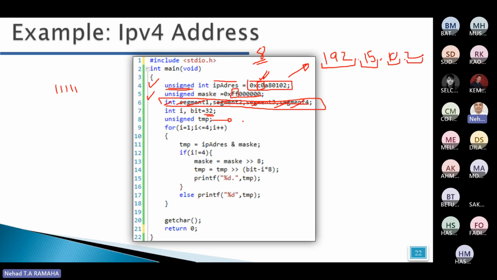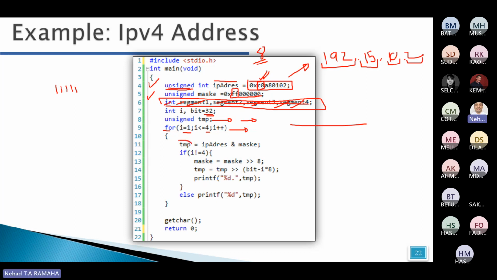Temp is the segment value that we will print on the screen. Okay. For loop from 1 to 4. What does this mean? Because we have 4 segments, we will take each segment, print it, then move to the next segment.